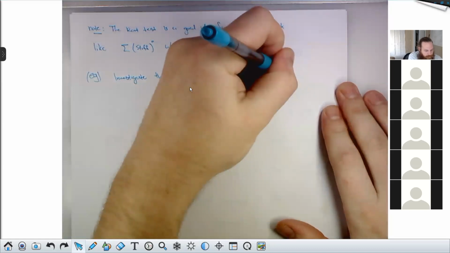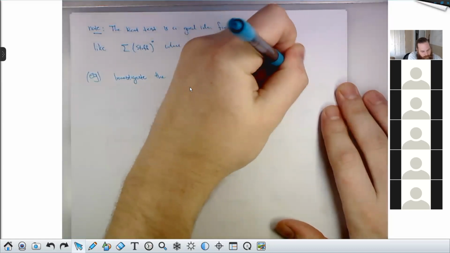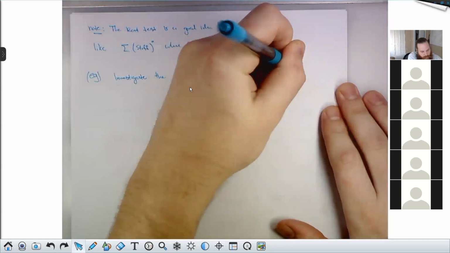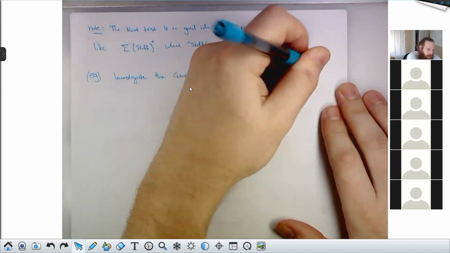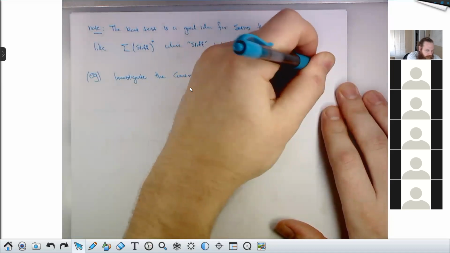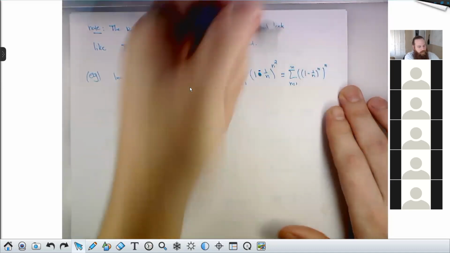This is the same as sigma n from 1 to infinity of (1 minus 1 over n to the n) to the n.